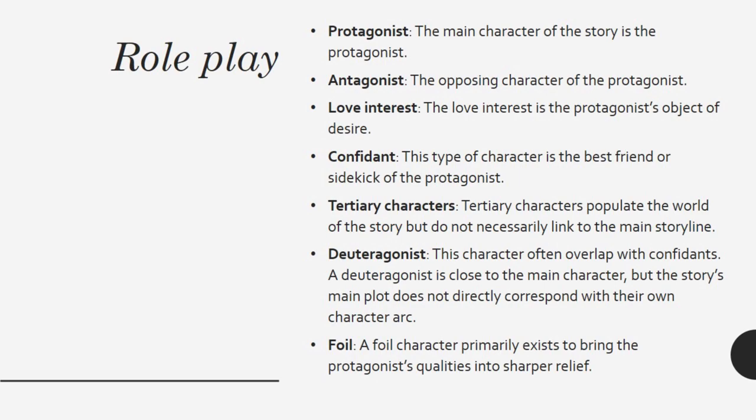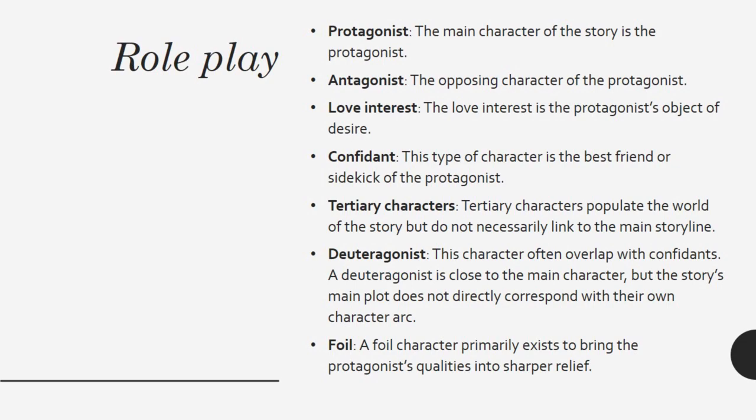Thirdly, we have one character by name love interest. The love interest is the protagonist's object of desire. So in some stories, you would have characters that will be playing this role. The protagonist will have a desire towards this character. Fourth is the confidant.